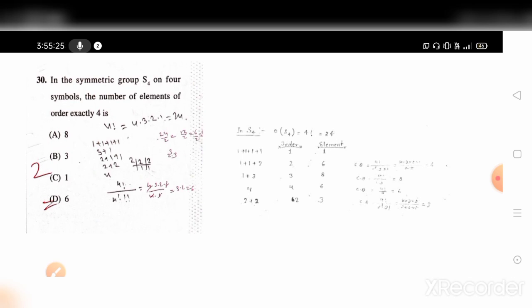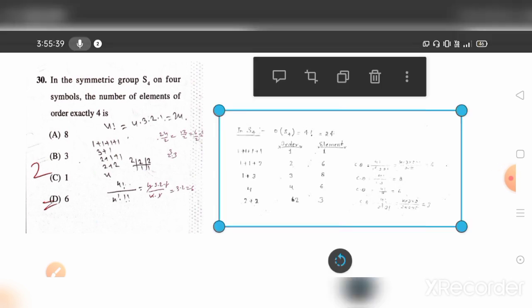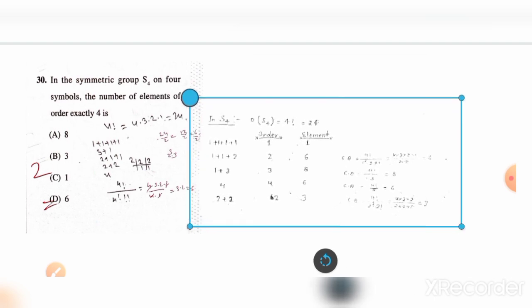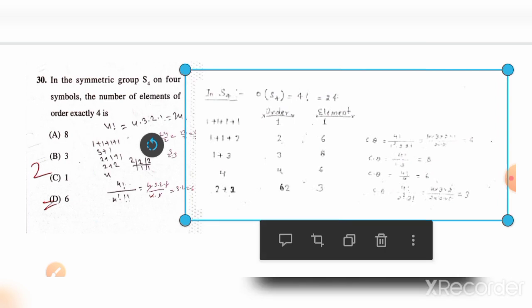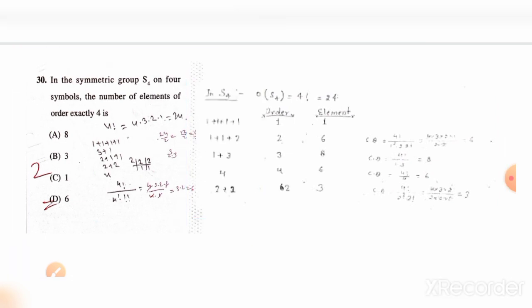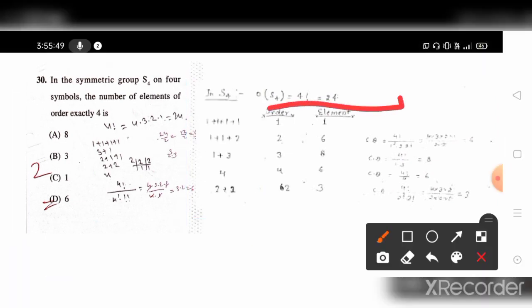Next question. In the symmetric group S4 on 4 symbols, the number of elements of order exactly 4. One formula to find the number of elements of order. This is a table for S4. Order of S4 is equal to 4 factorial, that is 24. This is a partition of 4: 1 plus 1 plus 1 plus 1.